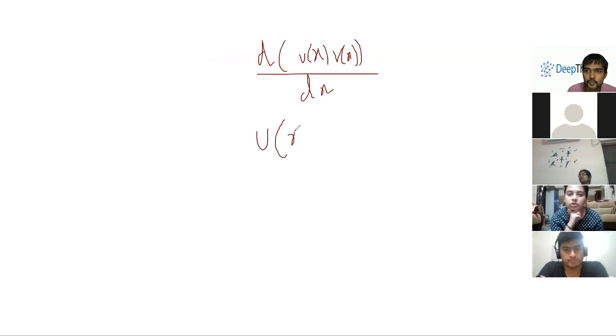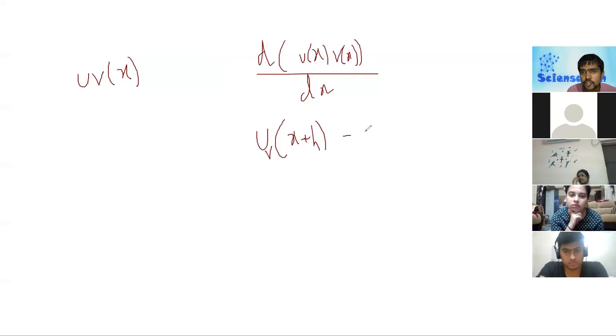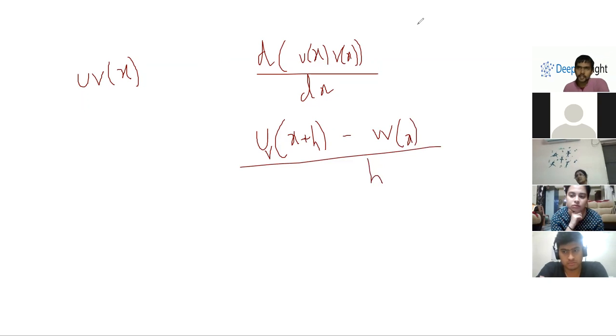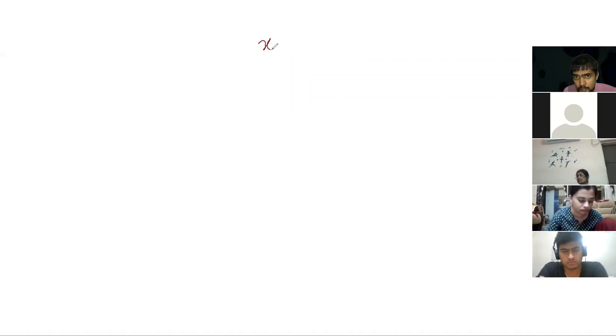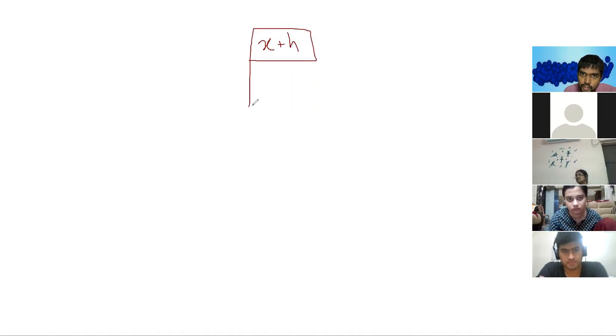It is u of x plus h. See, uv of x, right? What is the derivative of uv of x? It is uv of x plus h minus uv of x by h, with h almost 0. Now, what does it mean? What it means is, at time x plus h, what was the position?